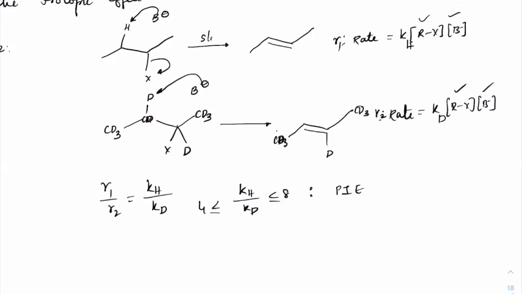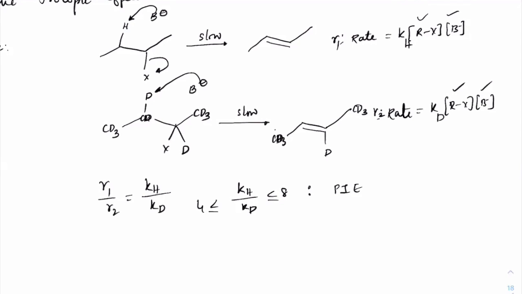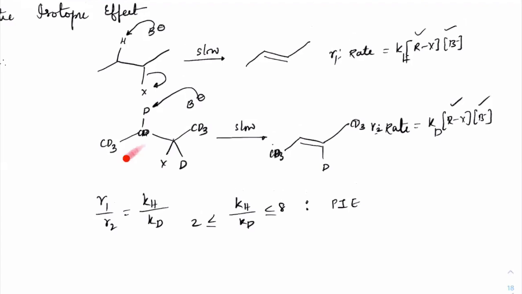In case of E2 mechanism, this itself is a slow step. So this would happen only when you have this. Is this clear, everyone? Okay. This is about primary isotopic effect.